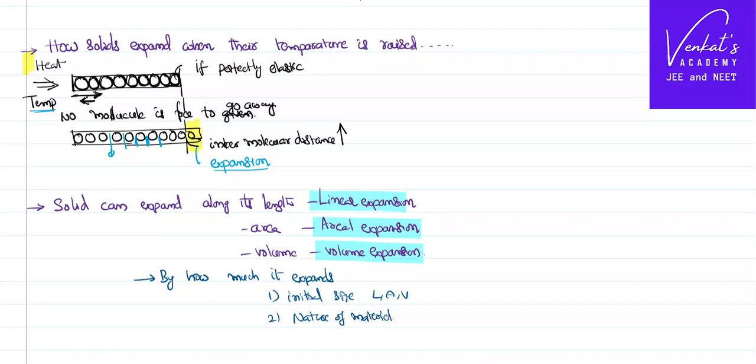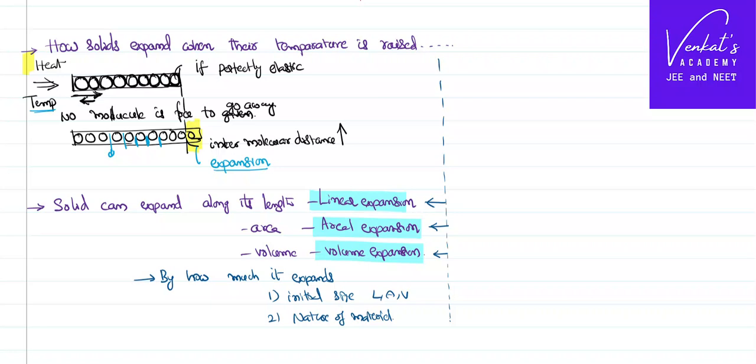If the bonding between the molecules is strong, the interatomic distance increases by less, so expansion is also less, and vice versa. Thus, all solids do not expand equally. Each solid expands differently, of course in three dimensions: along the length, along the area, and along the volume.